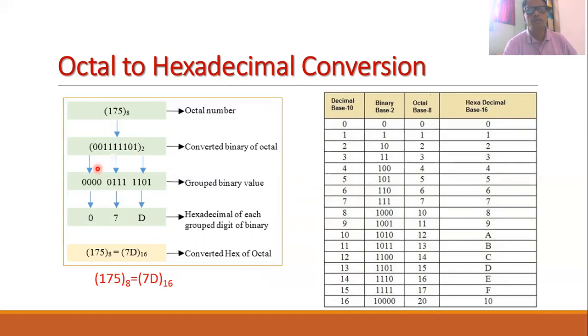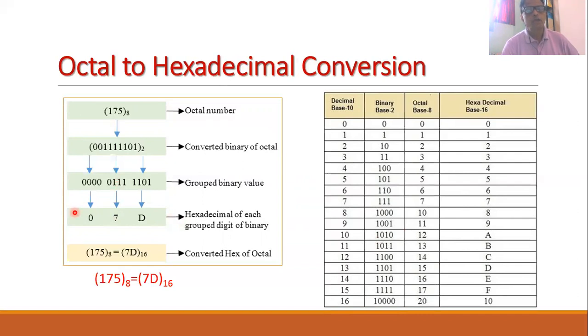Now I will represent each 4-bit group by the corresponding hexadecimal digit, and for this again we will use this table. So 1101 is represented by the letter D, 0111 is represented by the digit 7, and 0000 is represented by the digit 0.